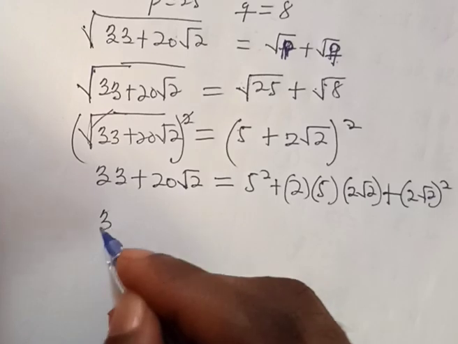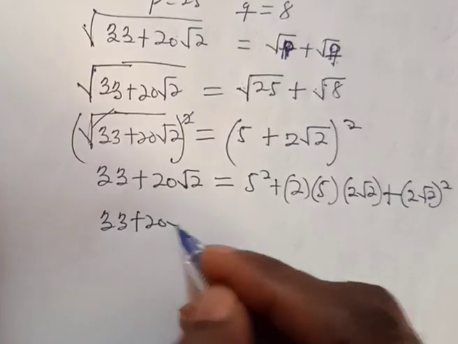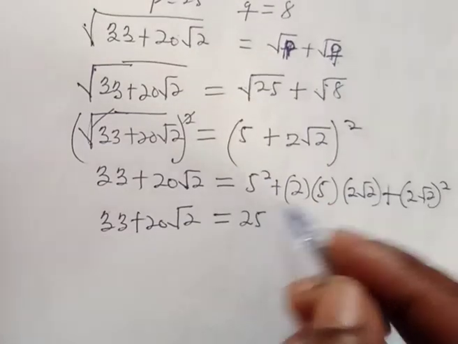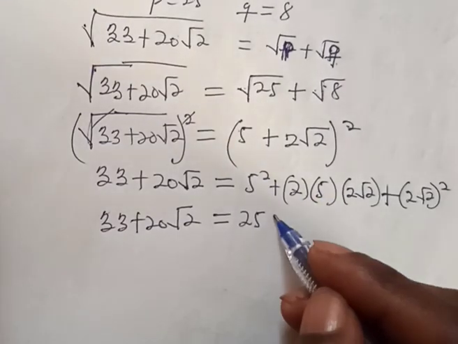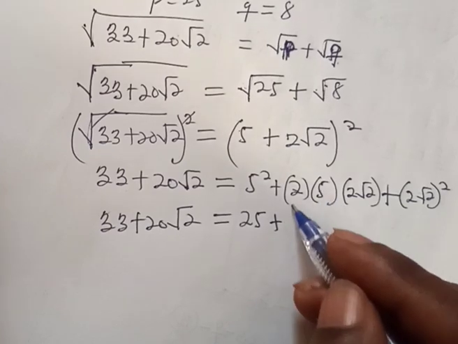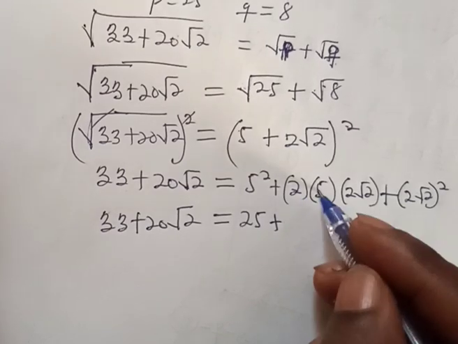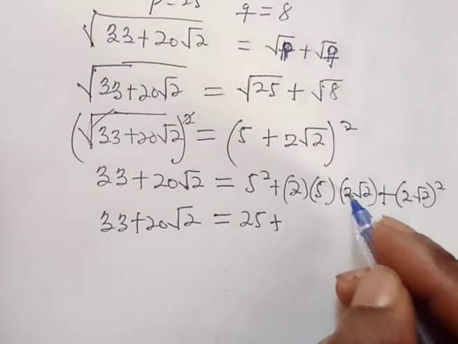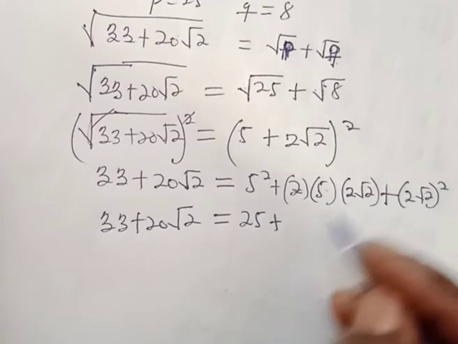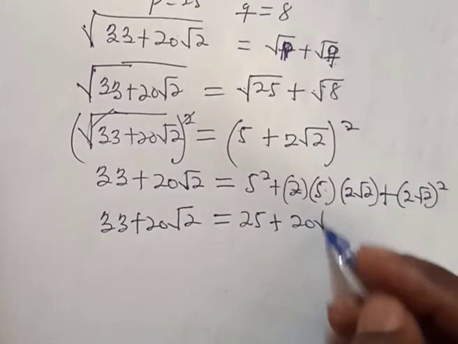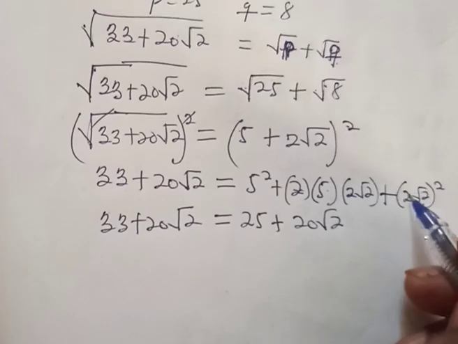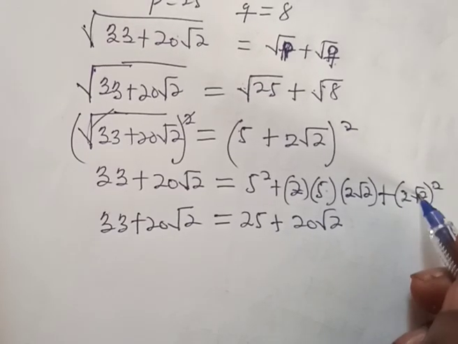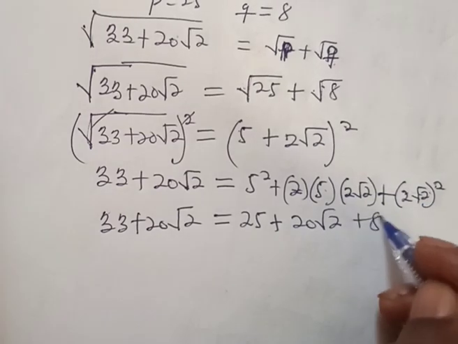So 33 plus 20 root 2 should be equal to, so here becomes what, 25. This times this gives me what, plus, so we have this times this is 10. 10 plus 10 times what, this is 10. 10 times this is what, 20 root 2, and then we can square this. This is 4, and this times this is also what, plus 8.